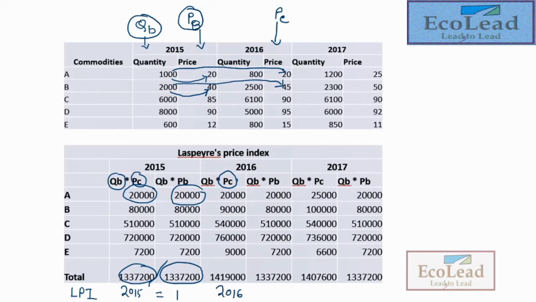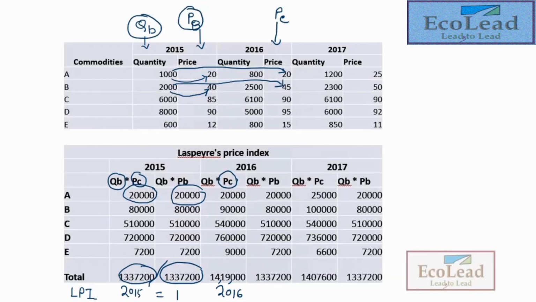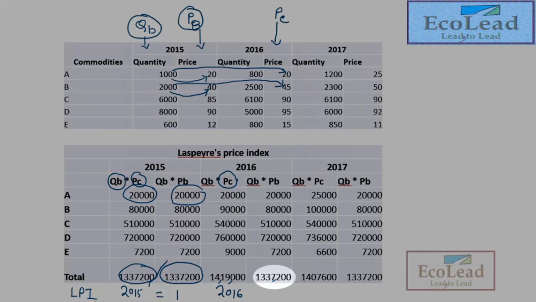Now if we multiply it the same way for 2016, the total value for the numerator will be 14,19,000 and for the denominator it will be 13,37,200.